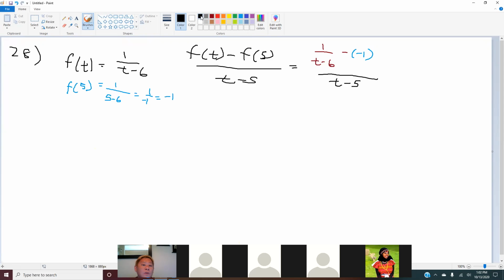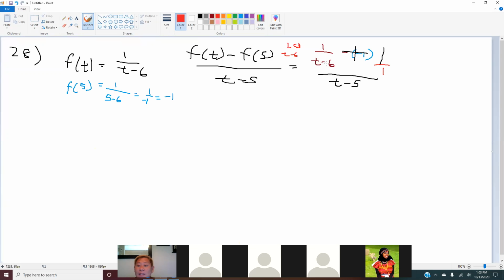So what we need to do first here is definitely change these two negatives to become positive. It's a double negative, so this is a positive. Next, because this is what we call, again, a complex fraction, you have to find the LCD for the top one. This is over 1, so the LCD for this case will be t minus 6.